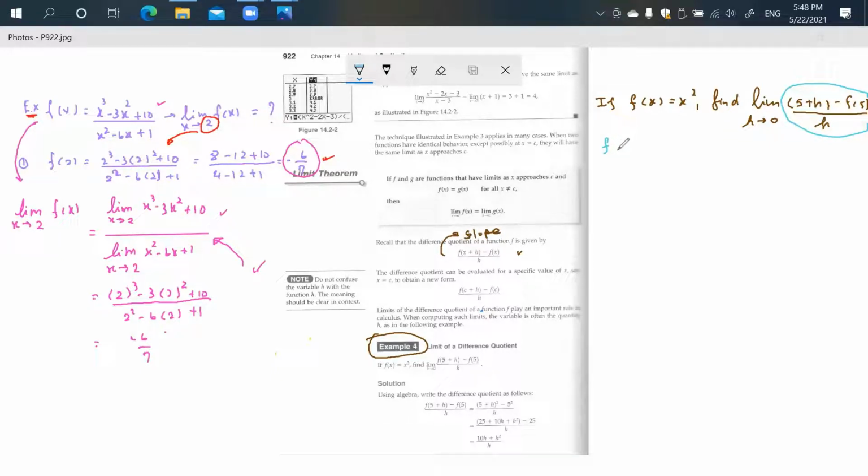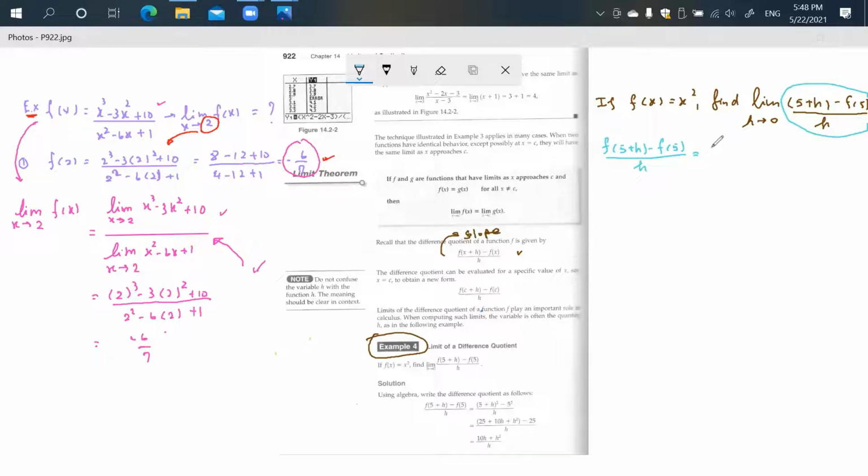So f of 5 plus h minus f of 5, divided by h, equals, because f of x equals x squared, you just compose this one inside.